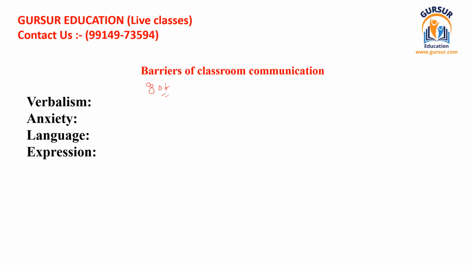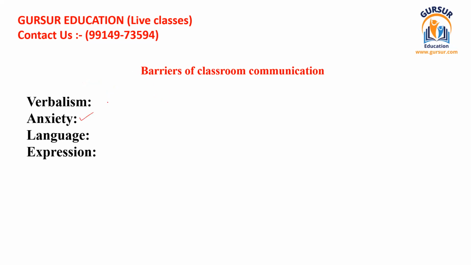In that you can never get to know, and we were assigned the lecture for only 40 minutes, and if we genuinely feel that 40 minutes is very little for handling that many students, you cannot give attention to the whole class. So there can be a number of barriers, like verbalism. This is just the use of words or the spoken ability of the teacher when it is not understandable by the students.